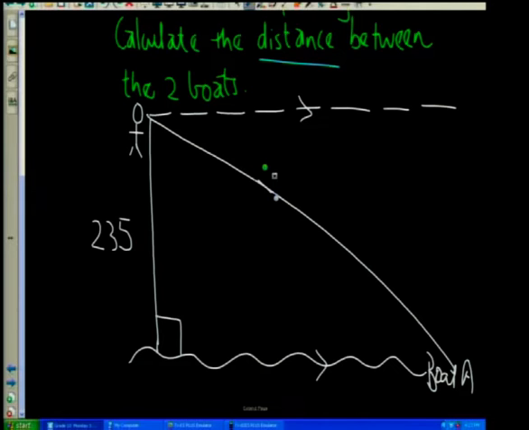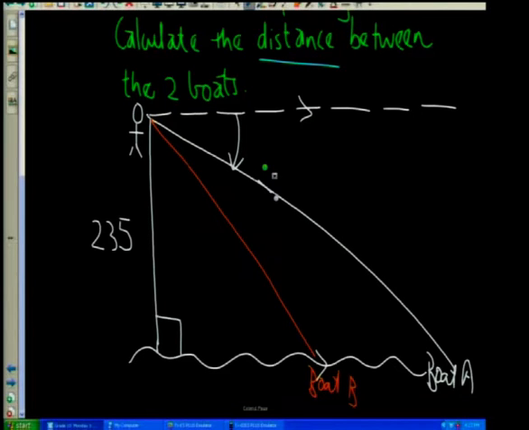There's my horizontal, and my horizontal would be parallel to the sea, and when he sees that first boat, the line of sight has been measured from looking down from the horizontal. But then he sees a second boat. Okay, we're going to call that boat B.